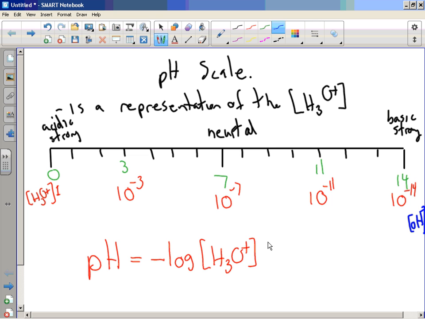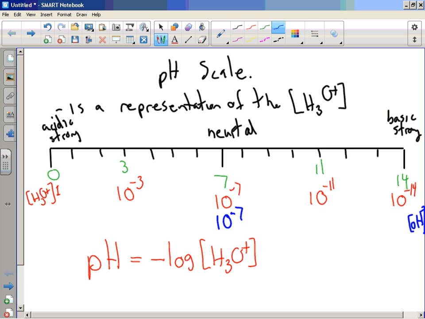Now, a moment ago, you probably thought that neutral meant no acid or no base. But I explained to you that actually there is a little bit of H3O plus at a neutral pH 7. It turns out that there's also a little bit of hydroxide in there as well, and it is also 10 to the negative 7.